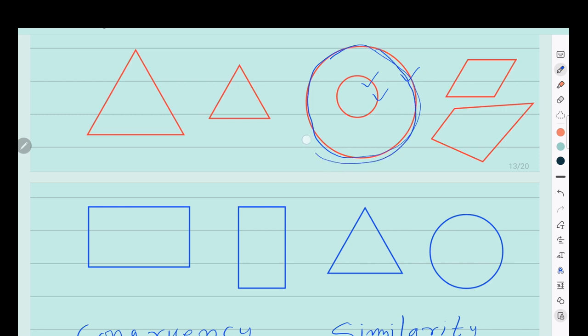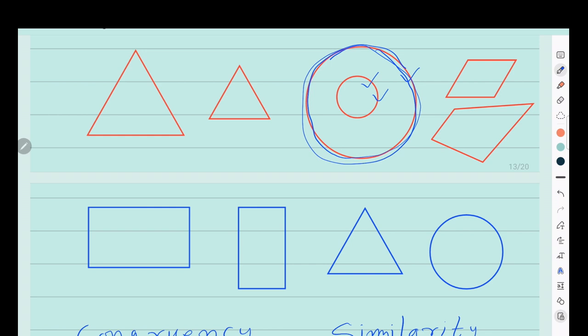And if this big circle is compressed or made shorter in the same proportion on all sides, then it can also cover this small circle. Okay, so we can say that all circles are similar to each other. And what does it mean? In the case of triangles also, we can see that these two triangles are almost similar. The size is different, but the shape is the same.